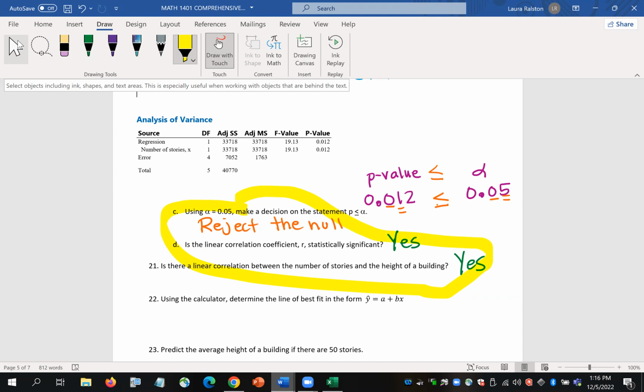Now, on the flip side of that, if you failed to reject the null, then you would have to say, no, R is not statistically significant, and no, there's not a linear correlation. Okay, so that's one of the big mistakes that I kept seeing on module exam 4. And again, I don't know if it was any of you, but that seems to be where a mistake is coming in. Questions?